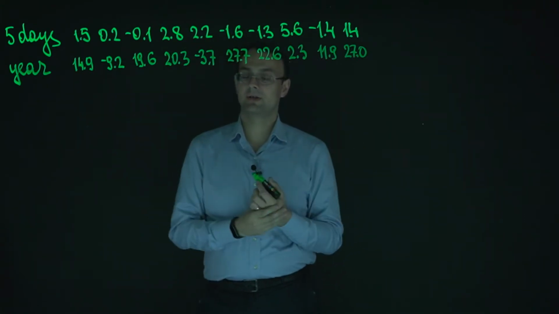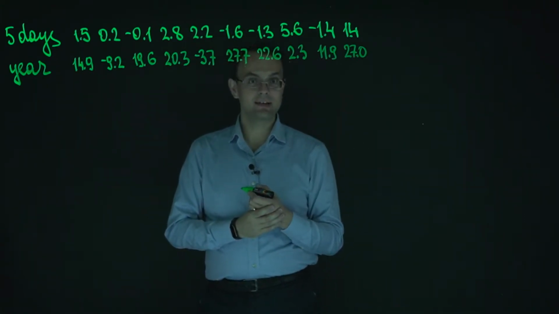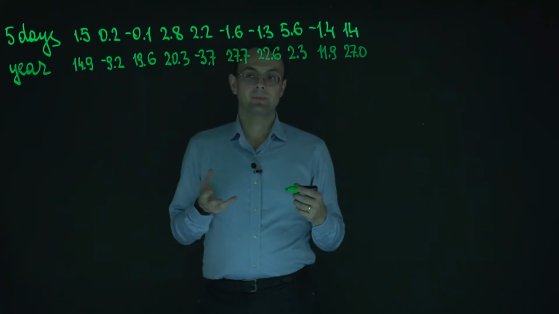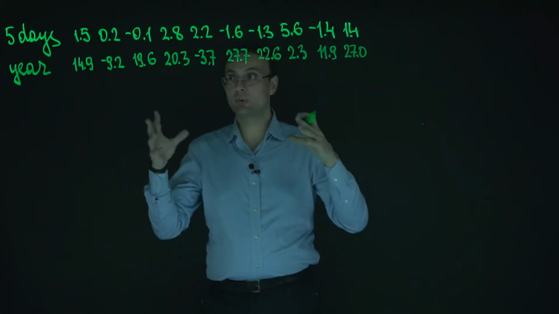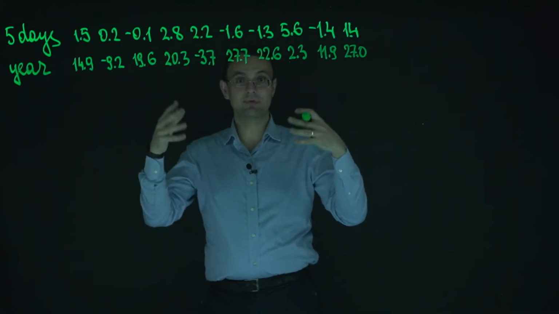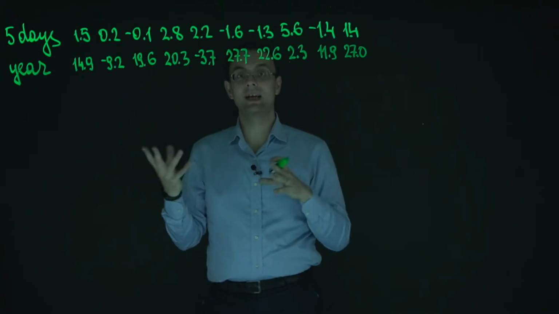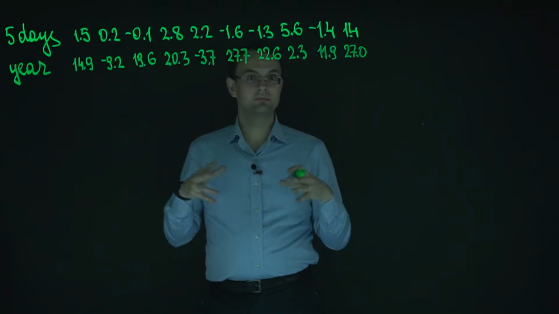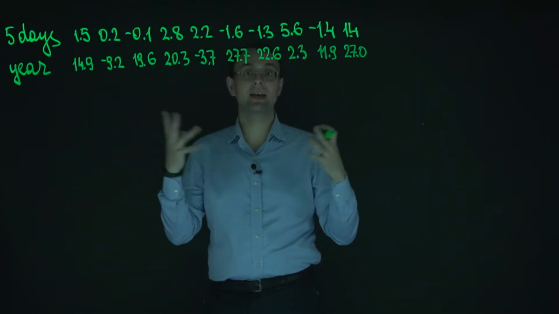If there is, it will be very interesting. It will mean that when we know the results of the first 5 trading days of the year, we can predict somehow the year as a whole.